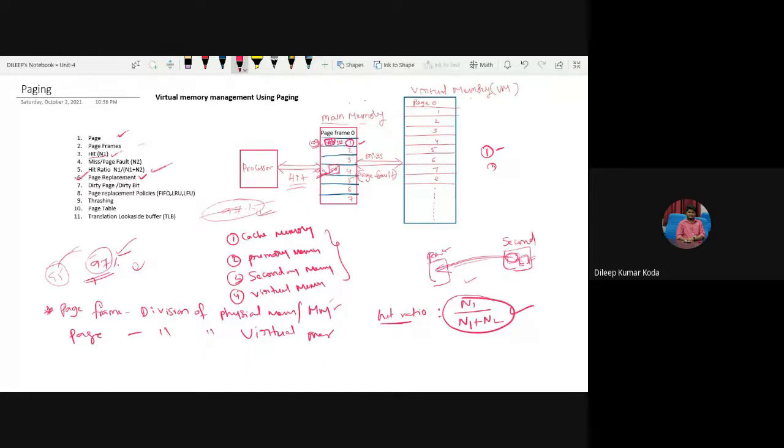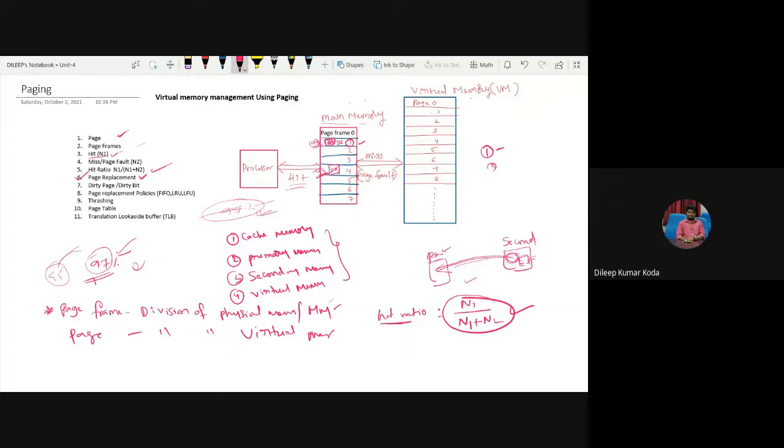Let's say page 1 can be stored in page frame 6, page 2 can be stored in page frame 2, page 3 can be stored in page frame number 4, and so on. Any page can be stored in any page frame of your main memory. Is this clear so far, guys?